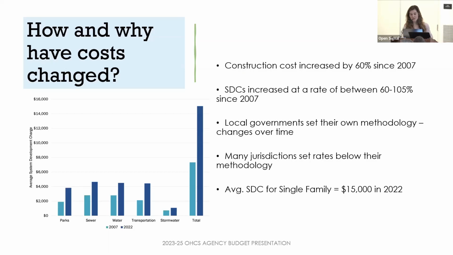I'm not going to talk you through the SDC methodologies and the different rates that they are set at, but something really important to know is that Oregon statute allows governments and special districts to do their own methodology. The methodology is complicated. It takes a year-long process. Some of the folks who wrote this report are key individuals in designing and implementing SDC methodologies.